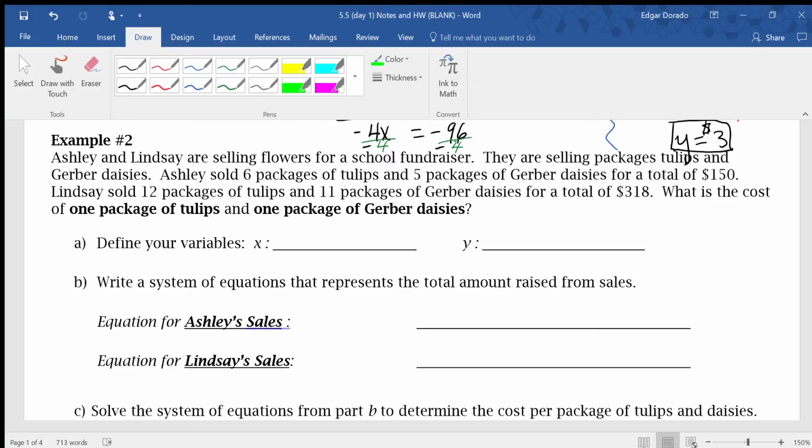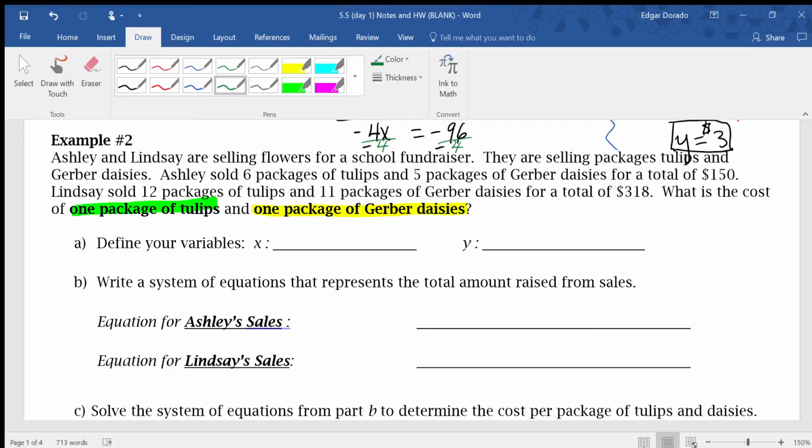Ashley has sold 6 packages of tulips and 5 packages of Gerber daisies for a total of $150. So right away I can already start to see my first equation. Now it says Lindsay sold 12 packages of tulips and 11 packages of Gerber daisies for a total of $318. It says, what is the cost of 1 package of tulips and 1 package of Gerber daisies?